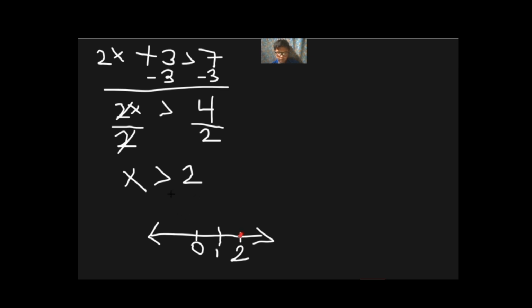The symbol is greater than, and that's why we're going to shade towards the right. To represent the answer using interval notation, it's from 2 to infinity.